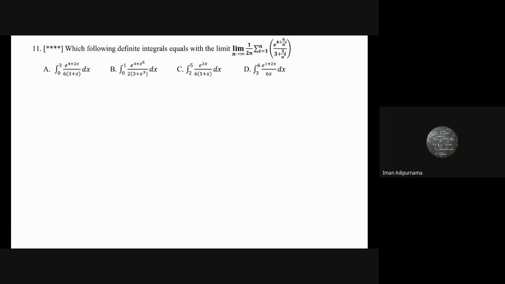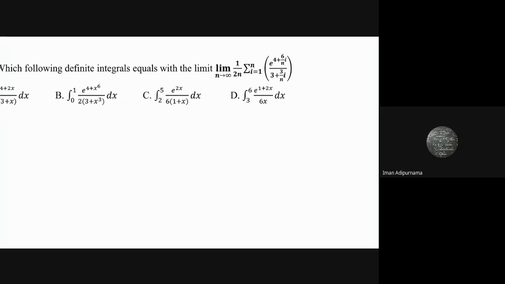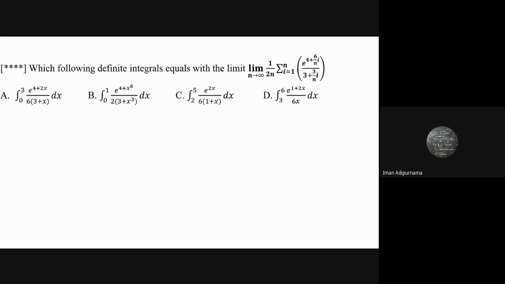Okay, so the first method, we can check first from the limit or the Riemann formula, the sum formula.